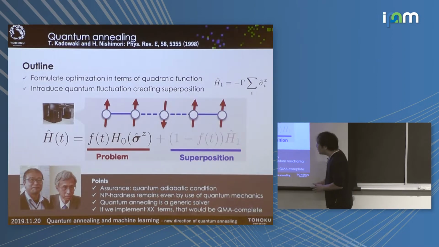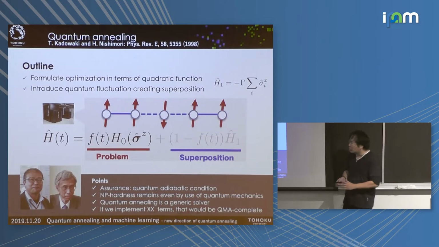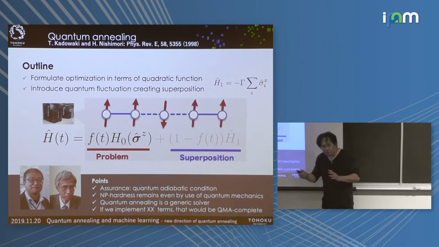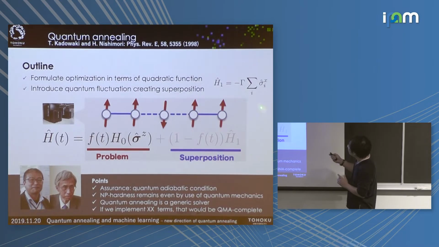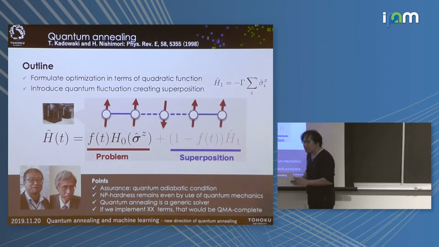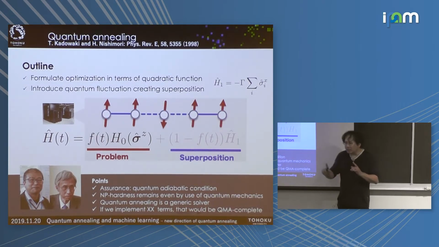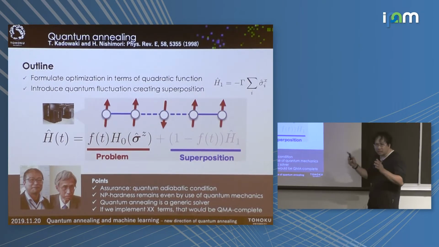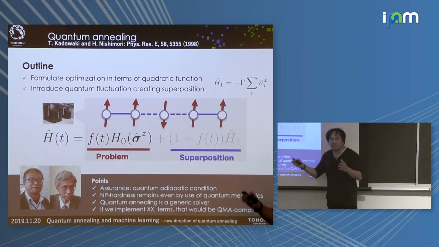If we implement further complicated interactions in the quantum system, for example, the transverse field is only a single-body term of the X Pauli matrix. But if we implement XX interaction terms, for example antiferromagnetic XX interactions, in that case we cannot perform the simulation efficiently on a digital computer.